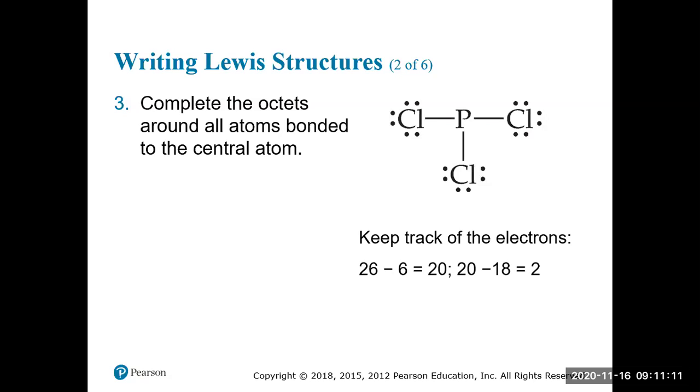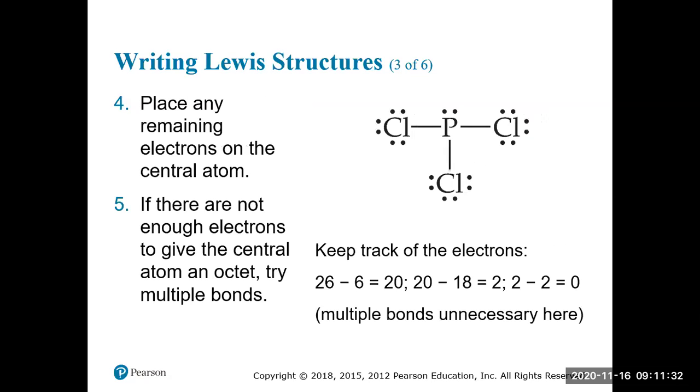That's a total of 18 electrons we've added. We started with 26, used 6 in the bonding electrons, and used 18 more with the lone pairs around the chlorine atoms. If we subtract that 18 from the 20, we're left with 2 electrons that we can distribute.